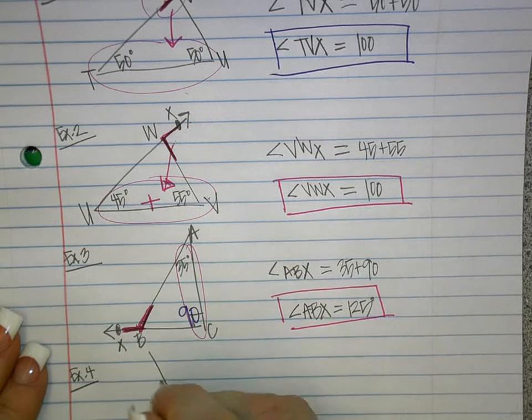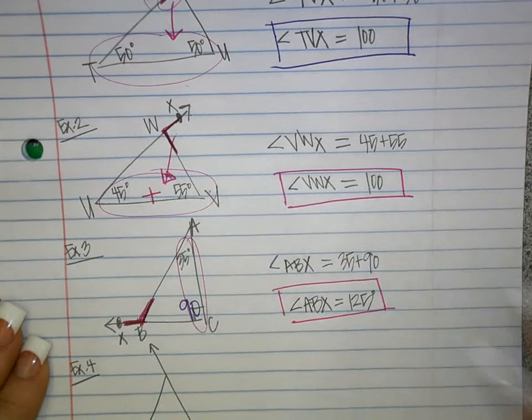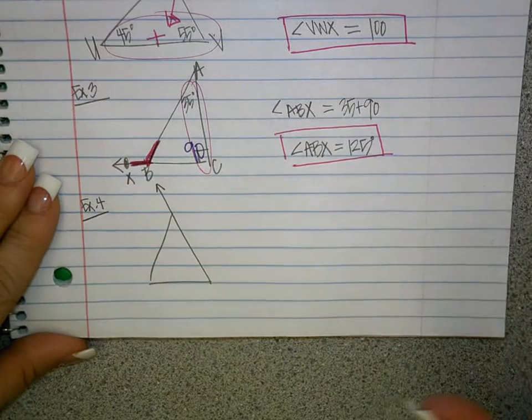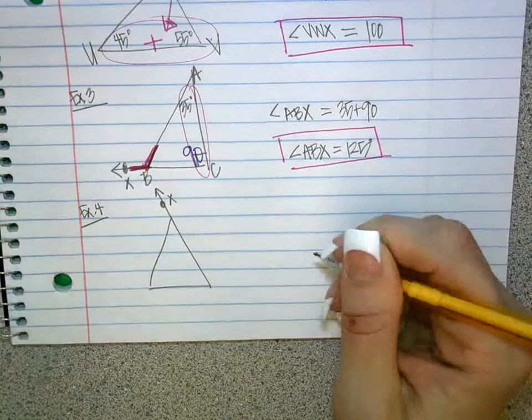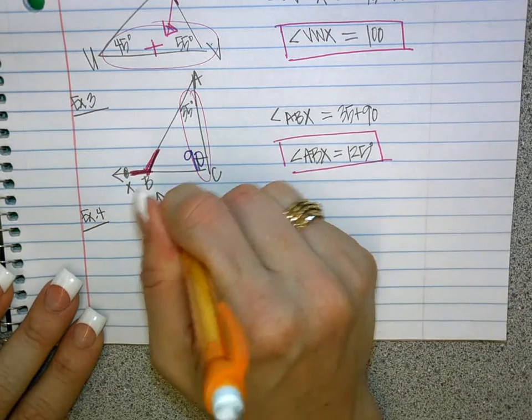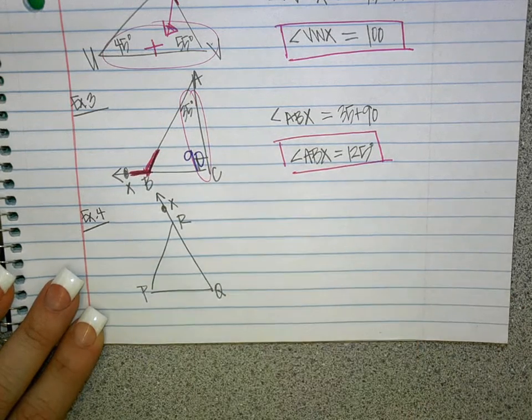So let's draw our triangle again. I'm going to have point X on the outside. And this one I have an R, a P on the left, and a Q on the right.